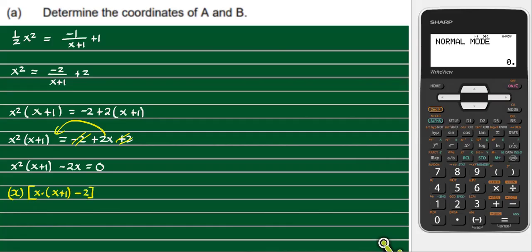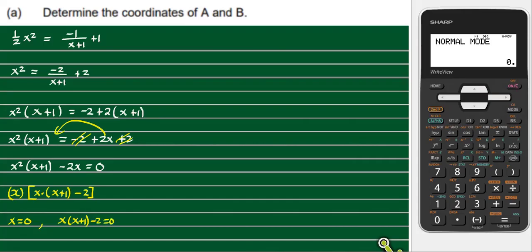There we go. So one of the values, I'm going to have x equals to 0, or this one here, which is basically x into x plus 1 minus 2 equals to 0.